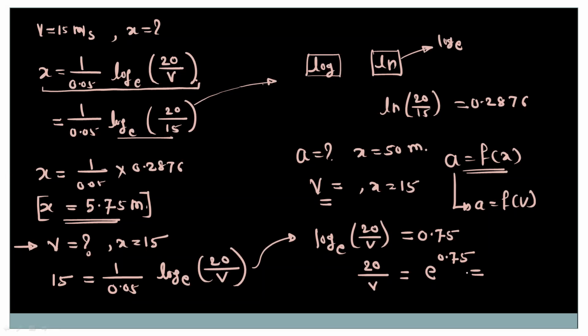So this is 12.18, and then get the value of v, that is equal to 20 divided by 12.18.